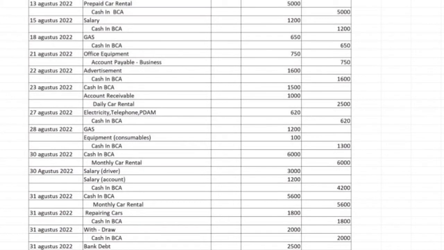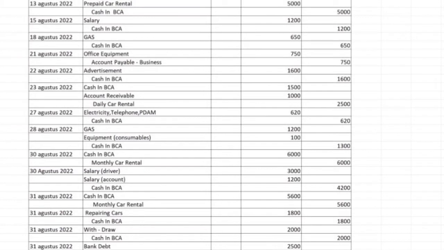Number 18, when an advance is received, cash in BCA received to the debit side of 1,500 and the account receivable is in debit side too for 1,000, and for the daily car rental is in credit side for 2,500.